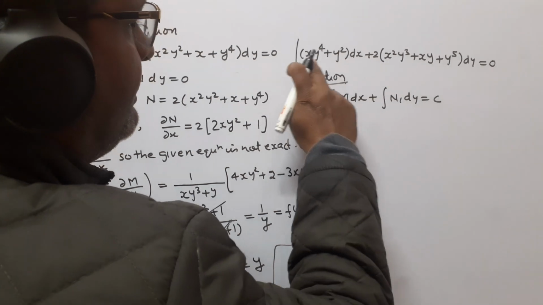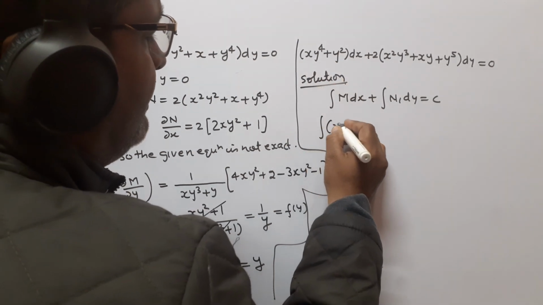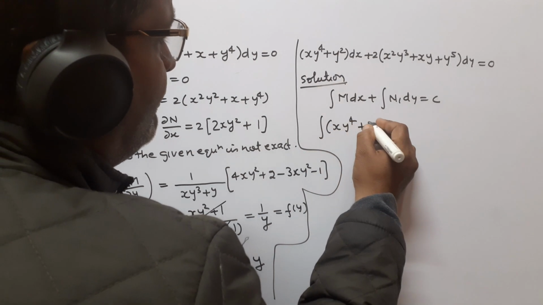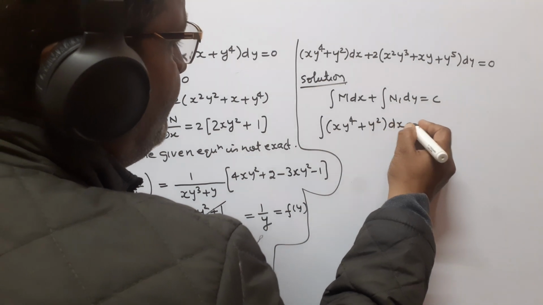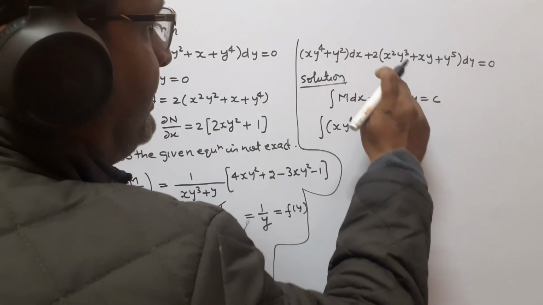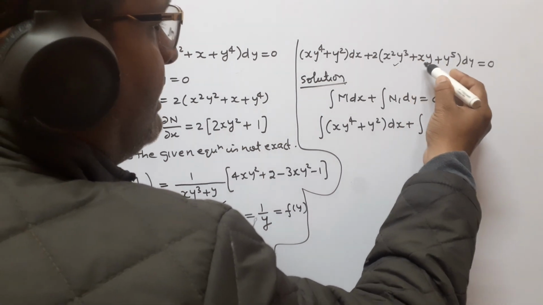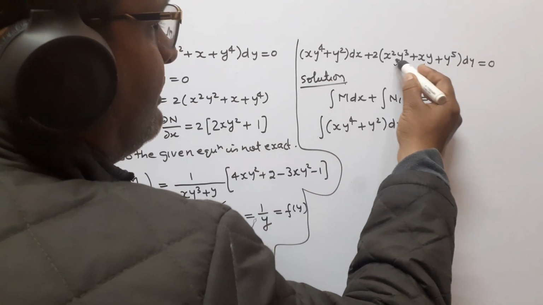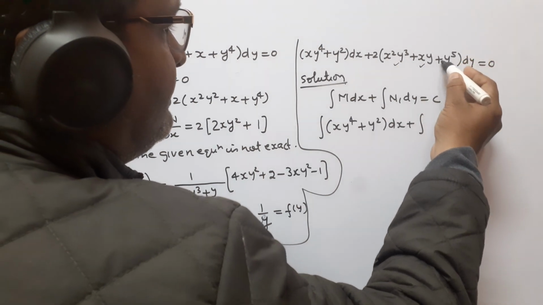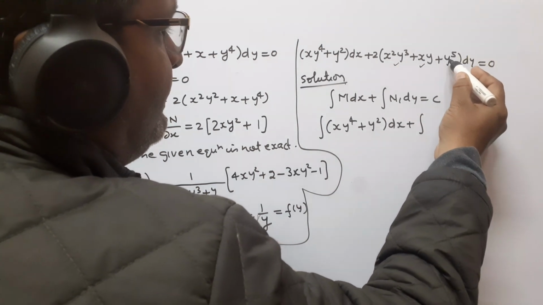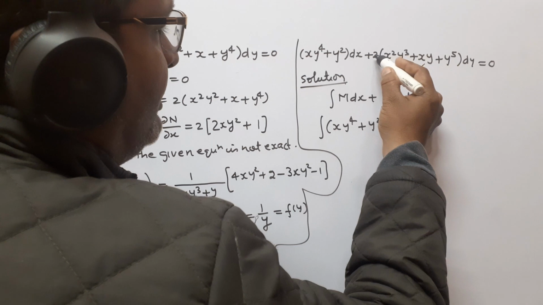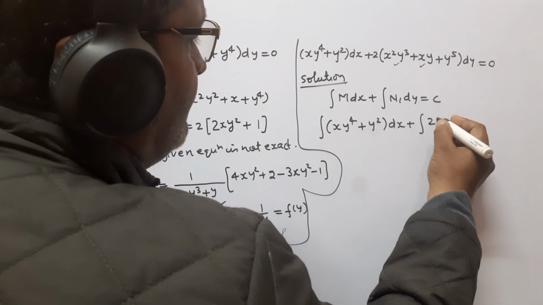So M is the coefficient of dx, that is xy^4 + y^2, and N1 is obtained from N. In this term x is squared, in this term x is present, and in this term x is not present, so we take these terms with multiply with 2, we get N1.